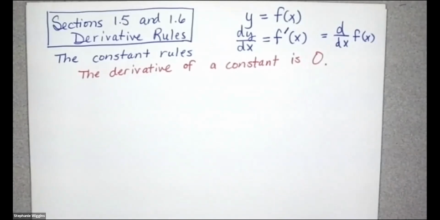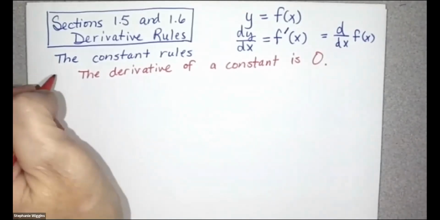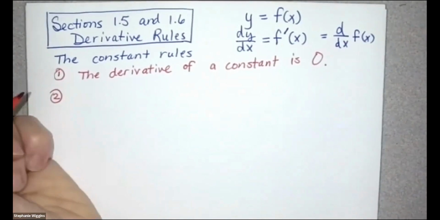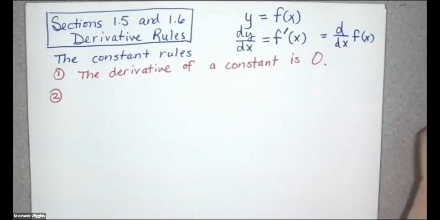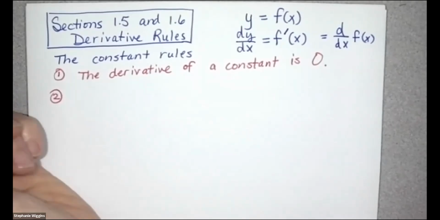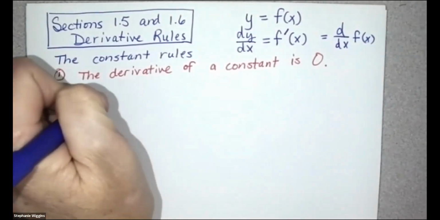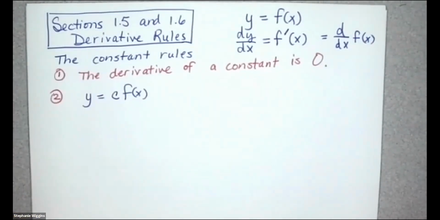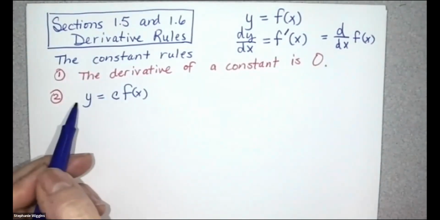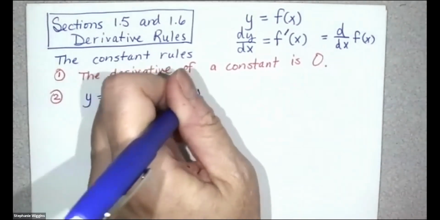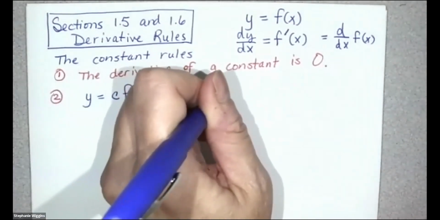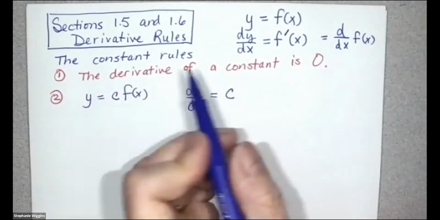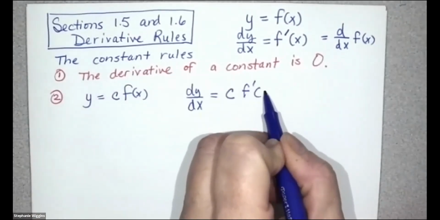For the second constant rule, suppose you have a function that can be represented as a constant multiple, so y equals some constant times our function f of x. If I want to take the derivative of this, dy dx, that is the same as taking your constant and multiplying it by the derivative.